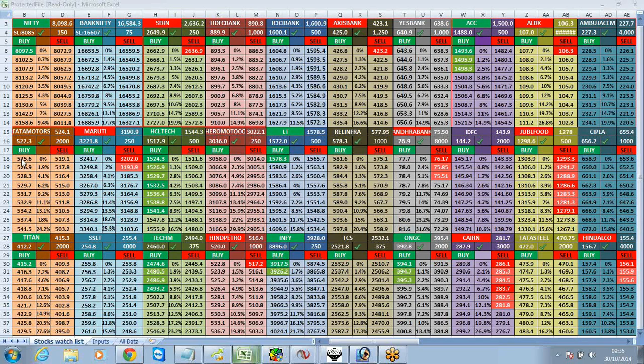You can see Tata Motors, 525.60 is the entry. There you can buy Tata Motors in futures.